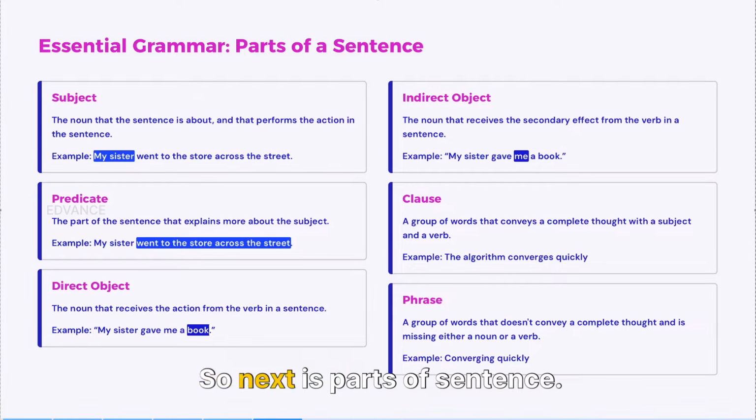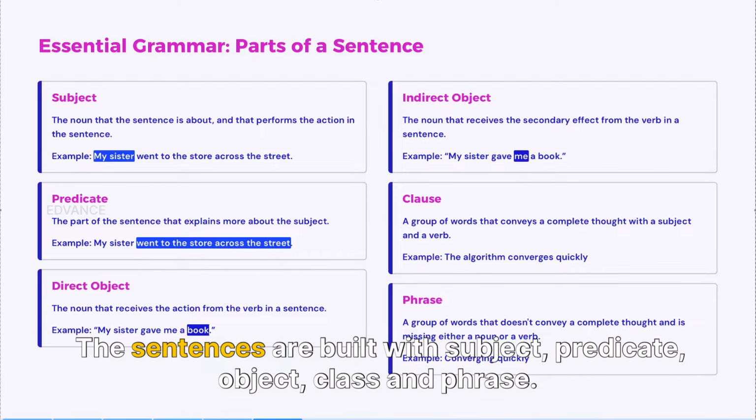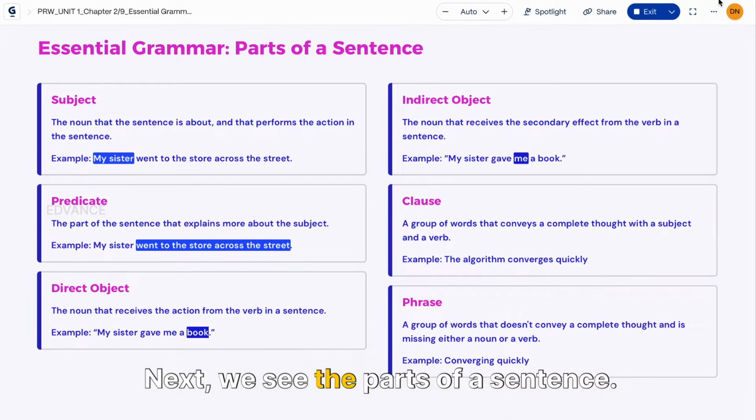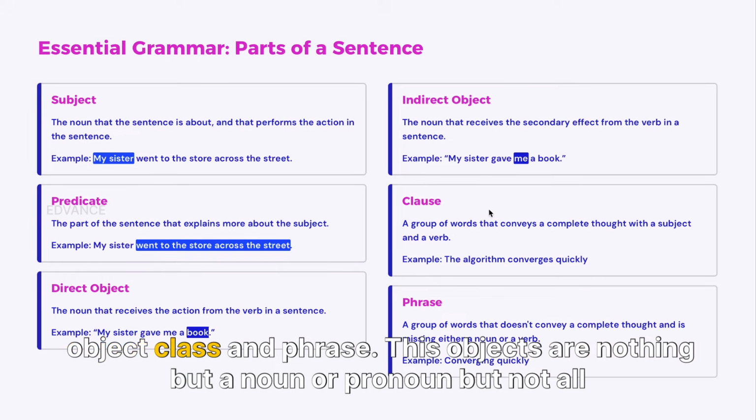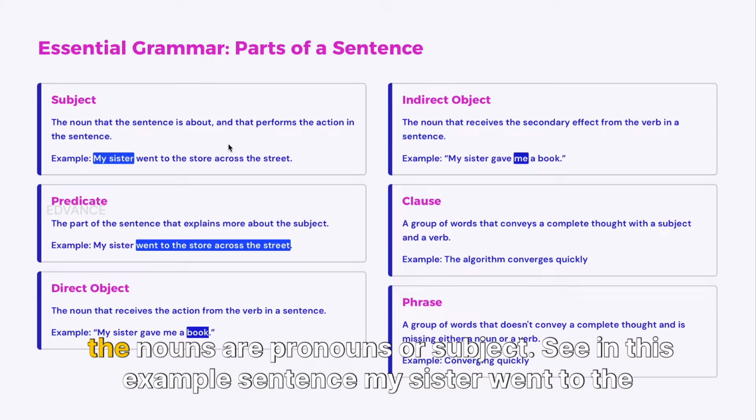So next is parts of a sentence. The sentences are built with subject, predicate, object, clause and phrase. The subjects are nothing but a noun or pronoun, but not all the nouns or pronouns are subjects.